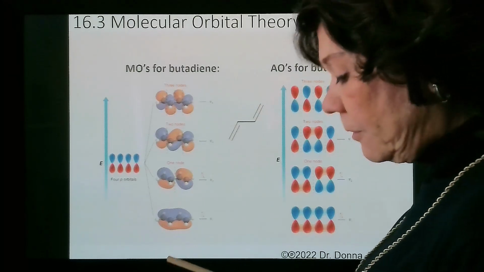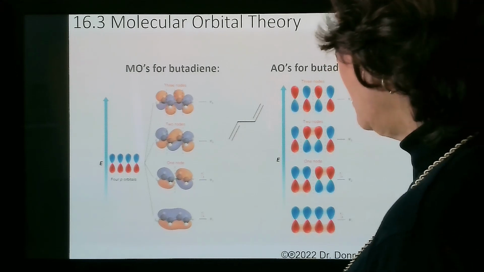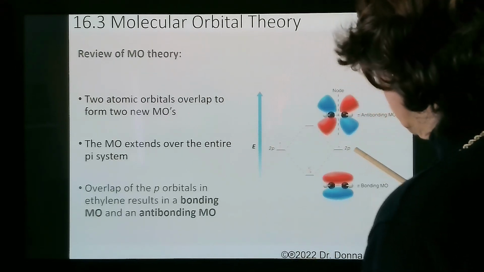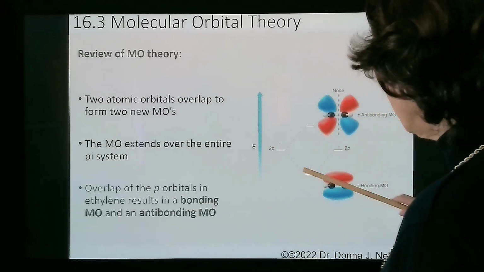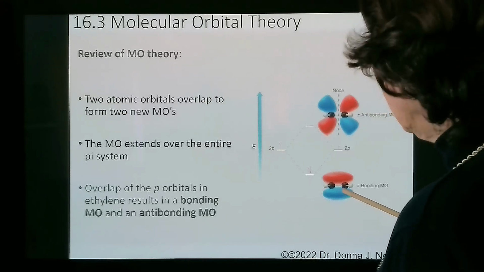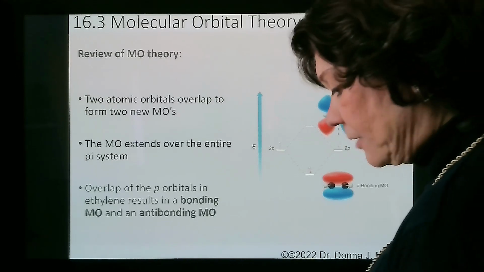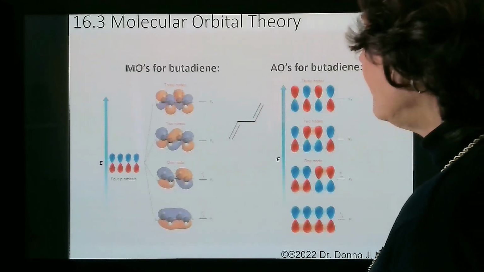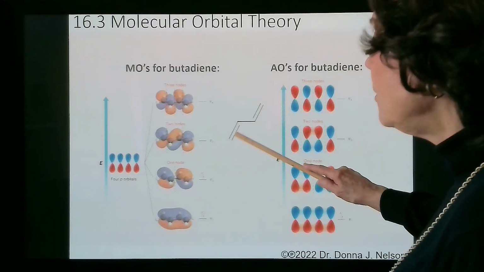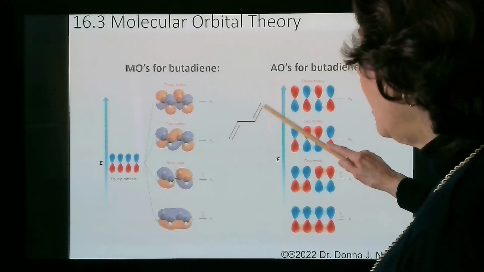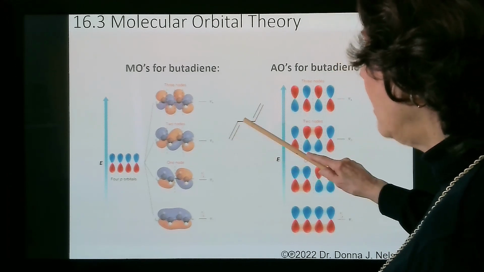So those were the orbitals for ethylene, just one pi bond. And so now we're going to look at the orbitals for butadiene. So that's a molecule that has two pi bonds.